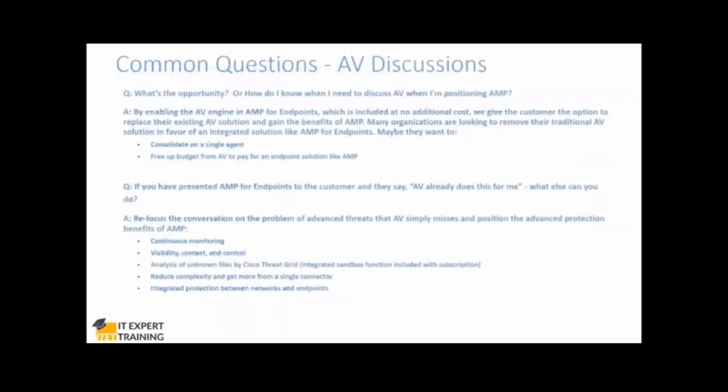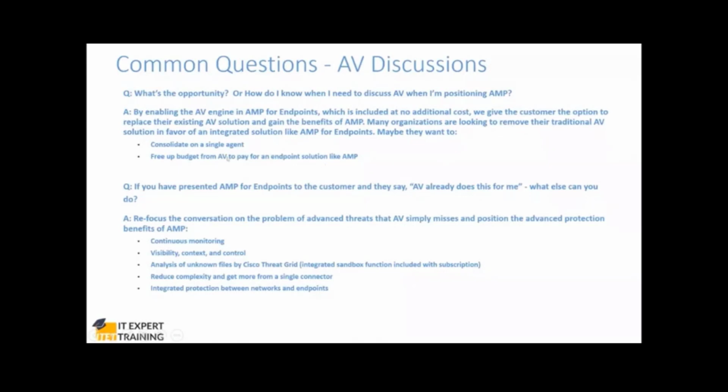Then people always ask, what is the difference? You can see these are a few questions. If they have an AV environment, an antivirus environment, what are the opportunities? How do I know when I need to discuss AV when I'm pushing AMP?